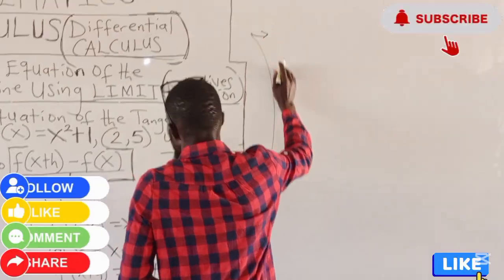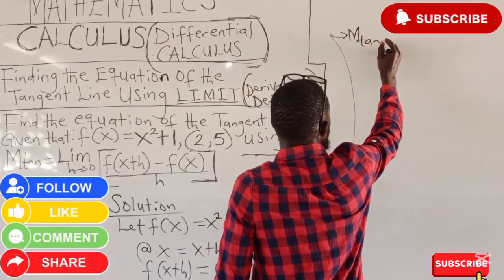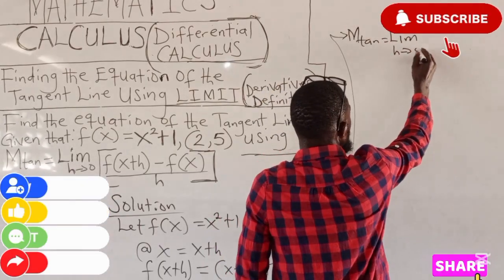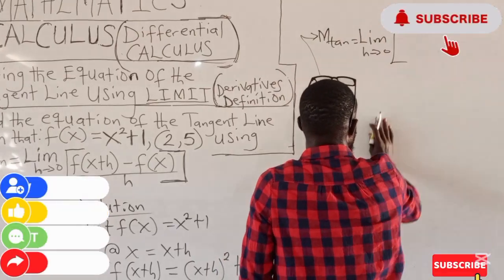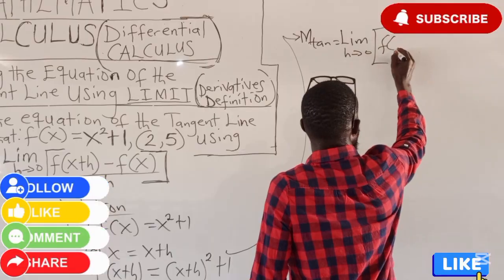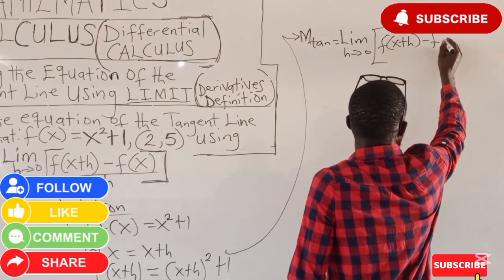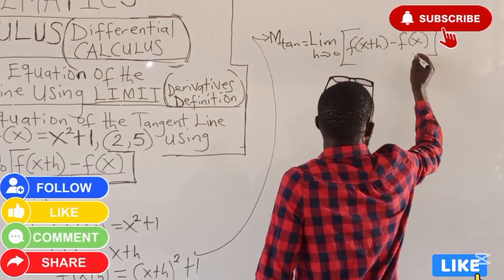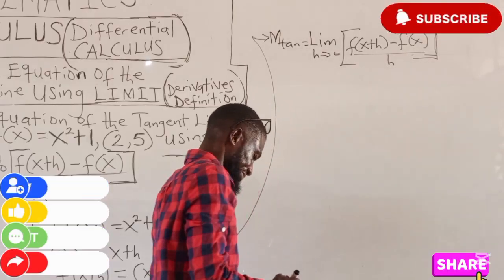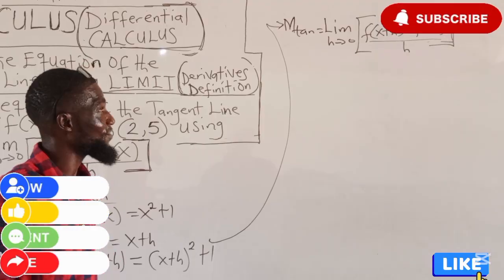Taking our mathematical formula, we say m tangent will be equal to the limit as h approaches 0 of, bracket open, f(x + h) minus f of x, bracket closes, over h. We'll be using this mathematical formula, ladies and gentlemen, to solve our problem.